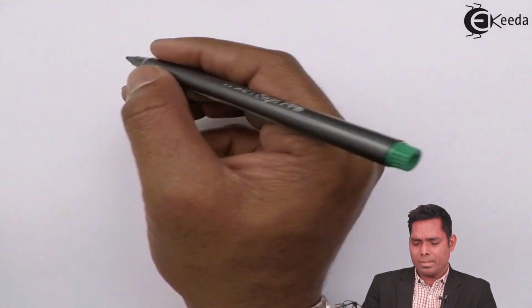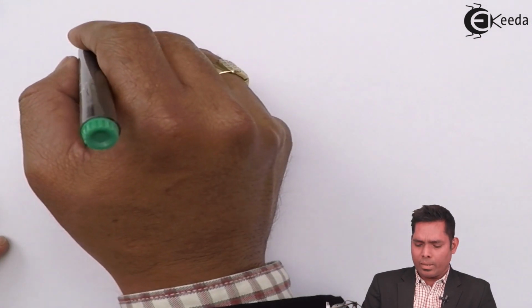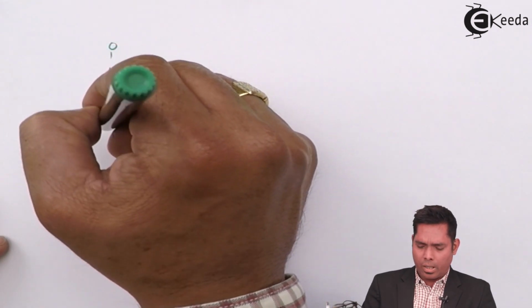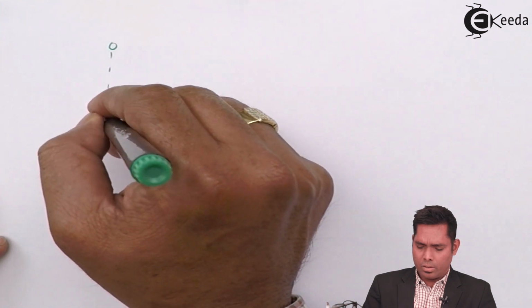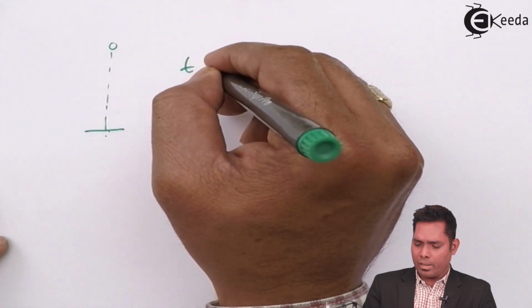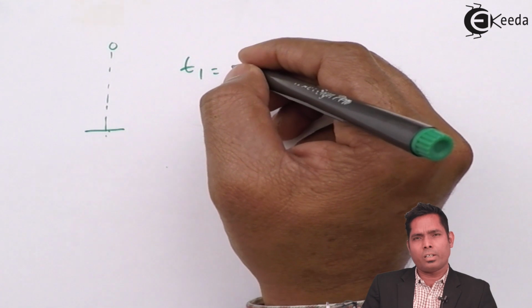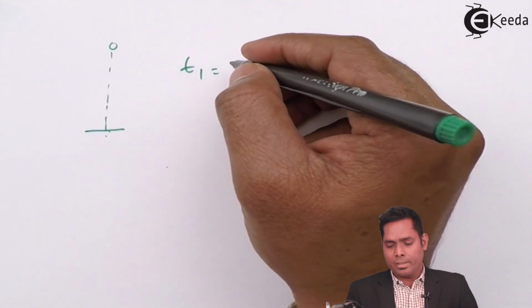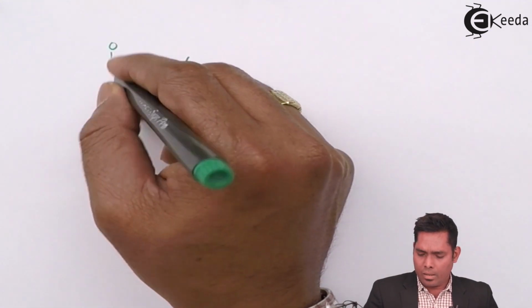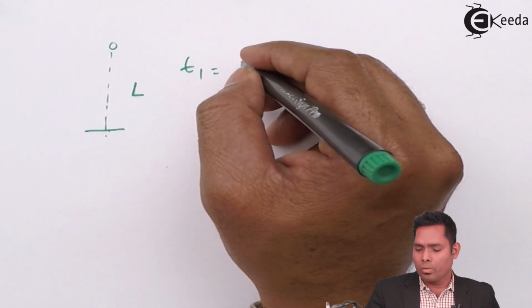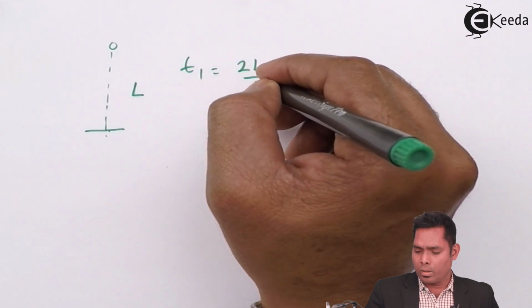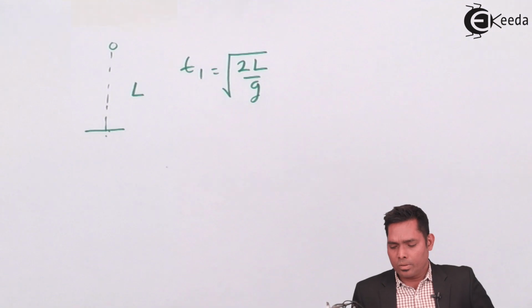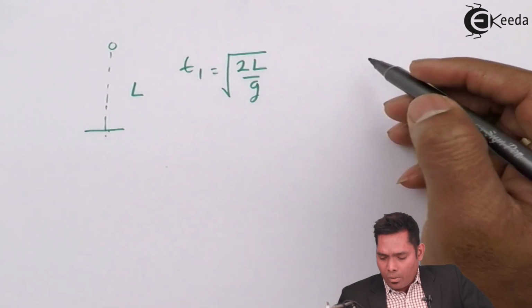To solve this, first a simple approach. When the stone drops and hits the surface of water, when a body falls freely under gravity by a distance L, the time it takes is the square root of 2L over g. This is the formula we are going to use. Why?